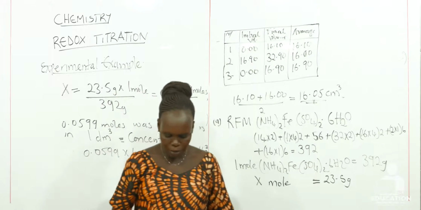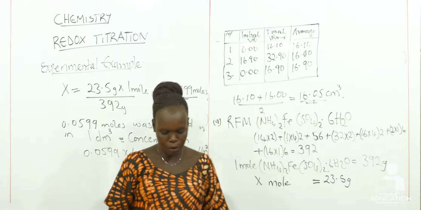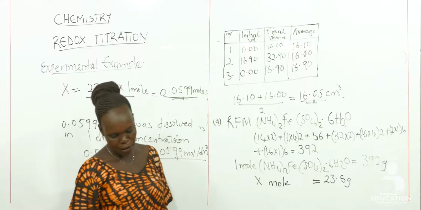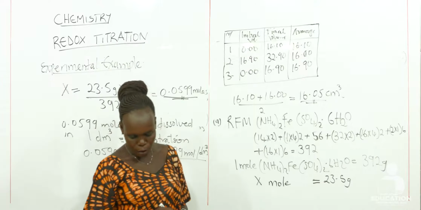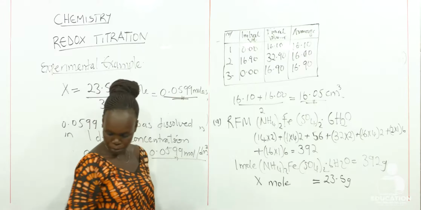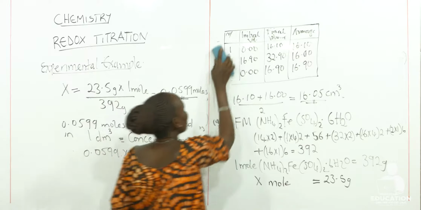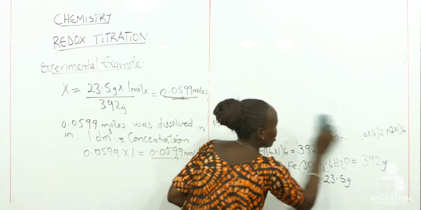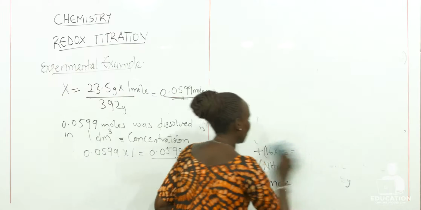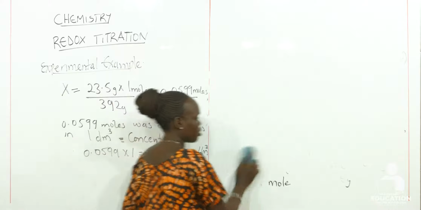So what else are we required to do? We have to get the ions formed when 1 mole of ammonium iron sulfate is dissolved. We need to remember that there is a reducing ion and there is an oxidizing ion.